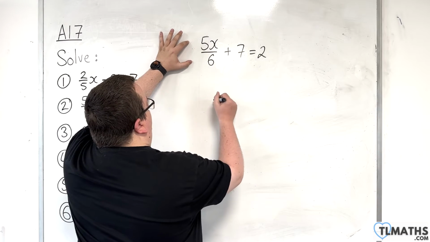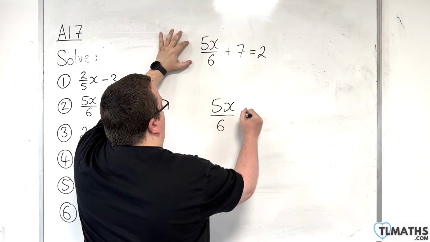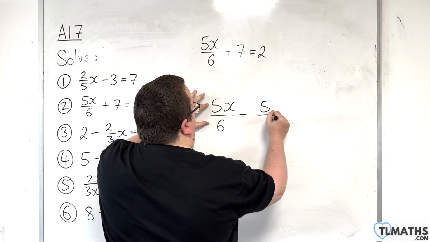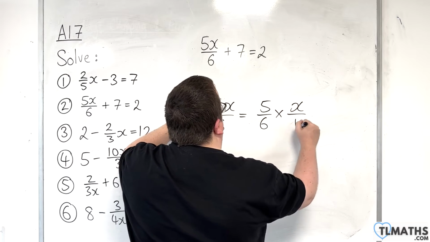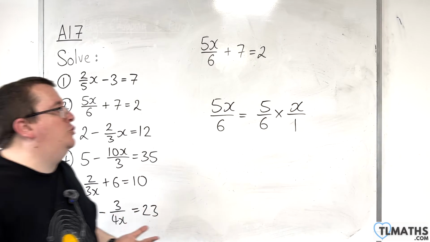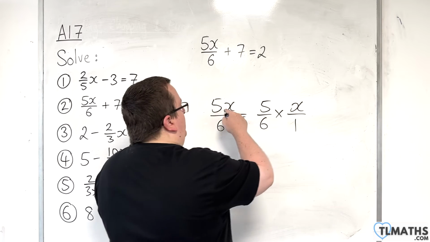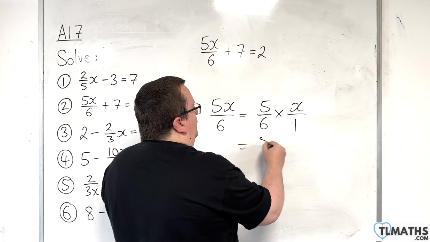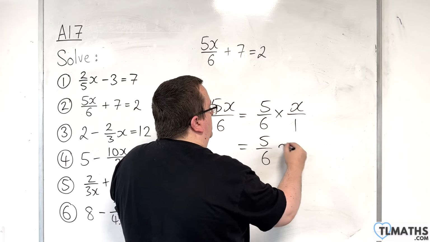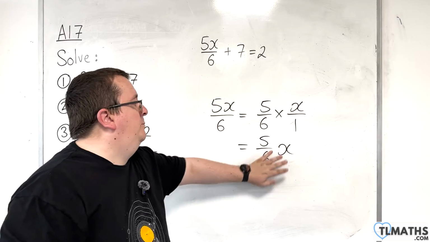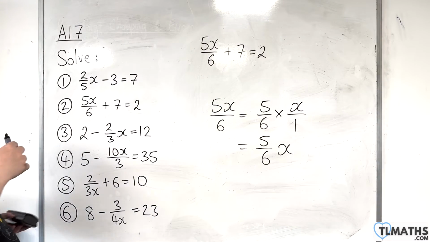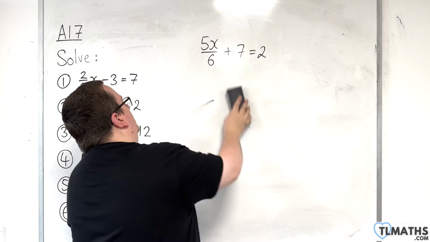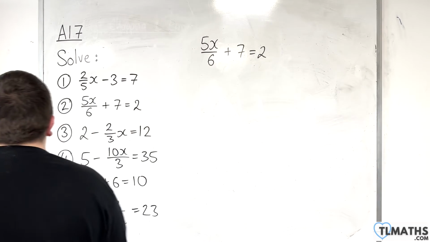So 5x over 6 is the same thing as 5/6 times x, because this is the same as having 5/6 times x over 1, so thinking of it as a product of fractions. Because 5 times x is 5x, 6 times 1 is 6, so it's perfectly fine to write it like this, and that is 5/6 times x. And so these two things mean precisely the same. And so our process of untangling this will be the same regardless of how it's written.